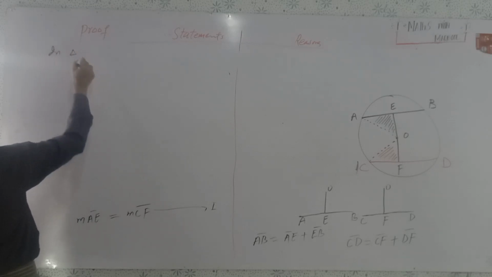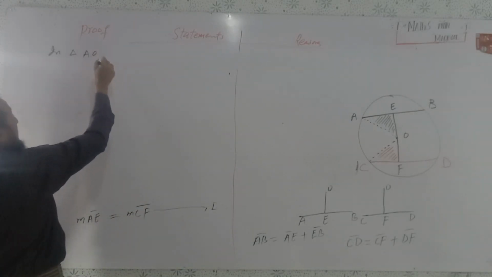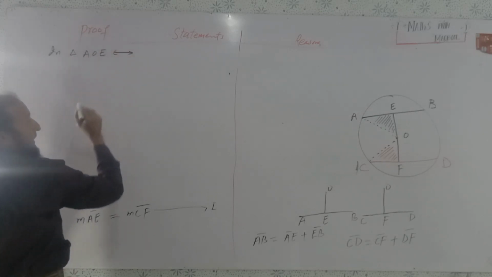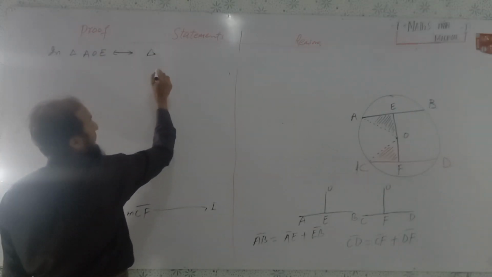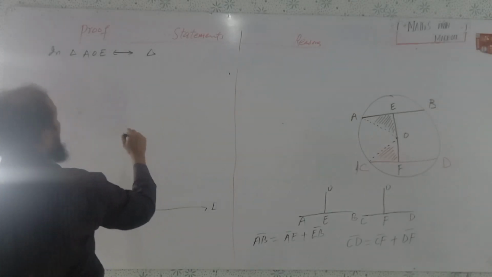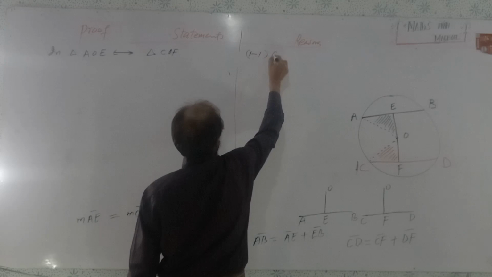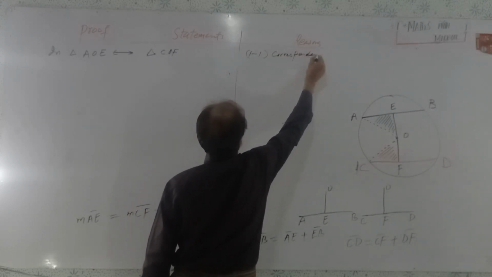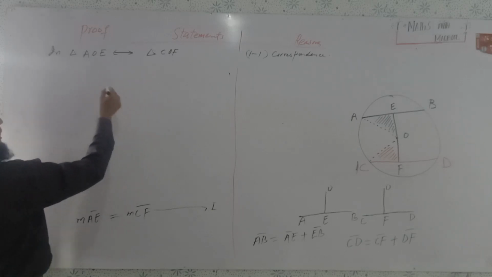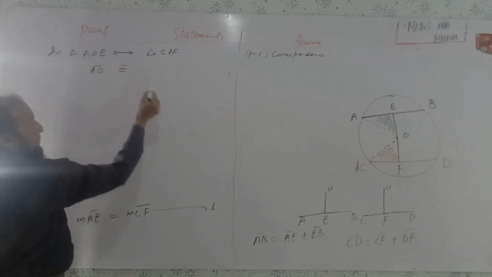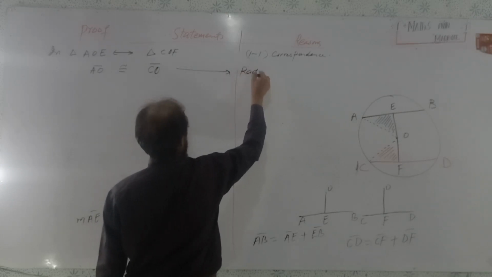Comparing triangle AOE one to one corresponding with triangle COF, we can write that AO is congruent to CO, because they are radii of the same circle.